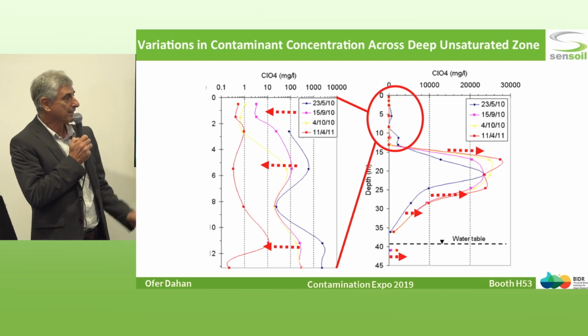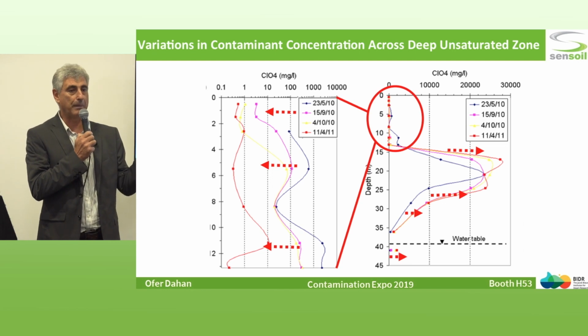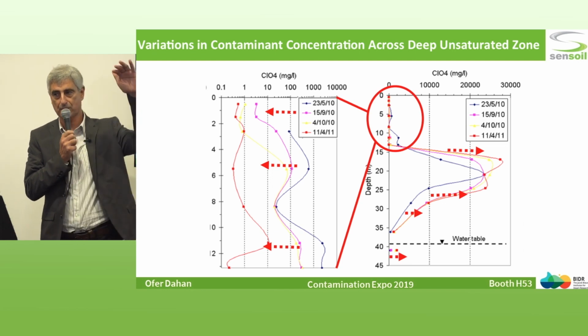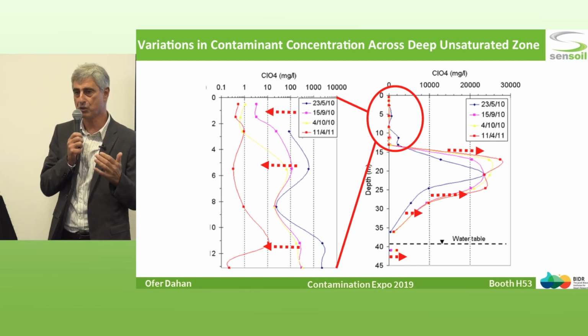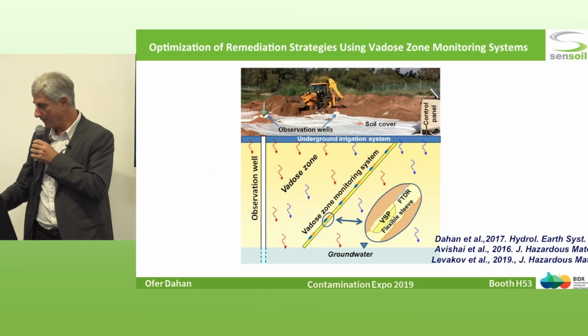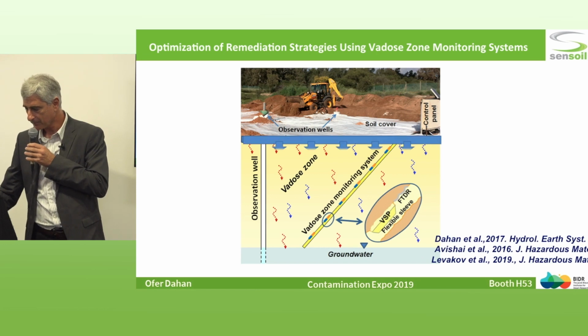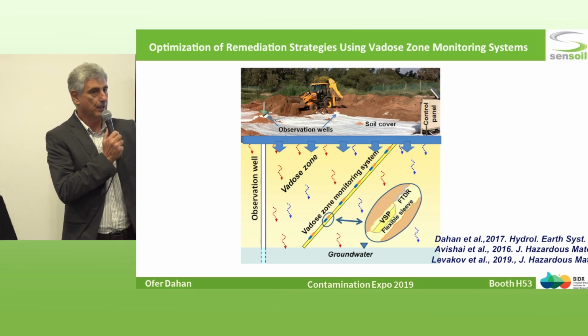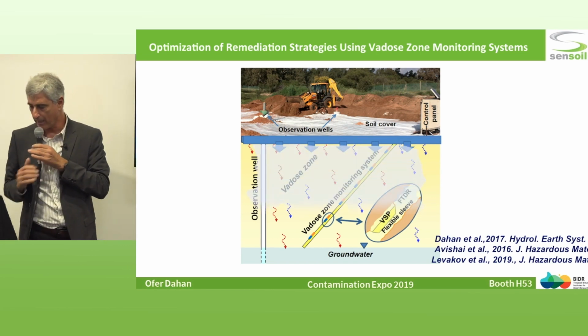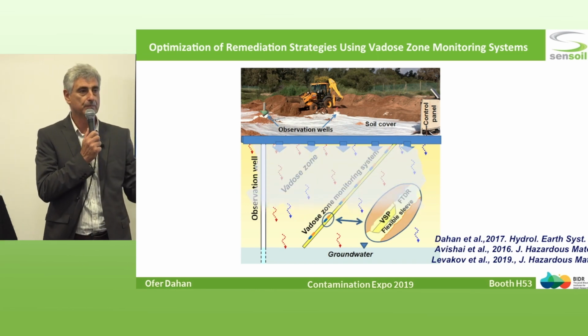So instead of remediating or biodegrading, what we did is just push it down. This allowed us immediately to stop the operation and tweak the parameters on the surface in order to change the conditions here to get the exact condition that we are expecting below.